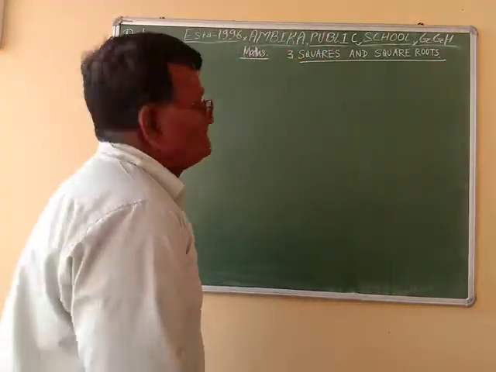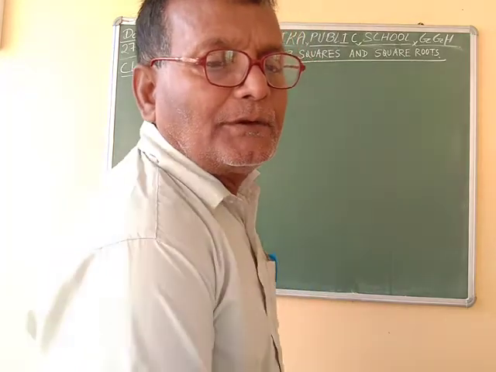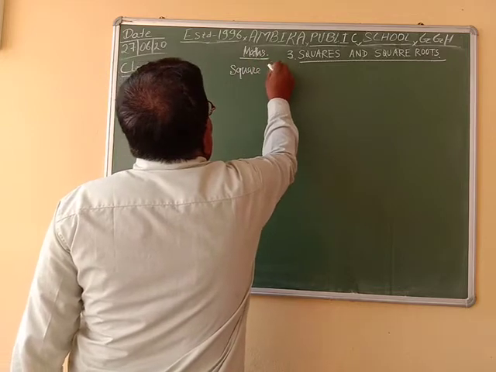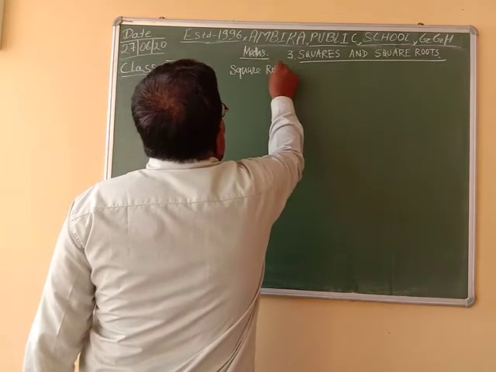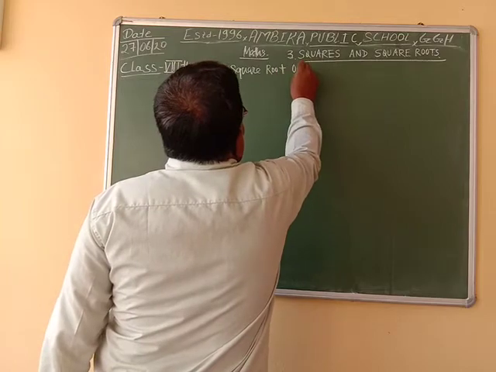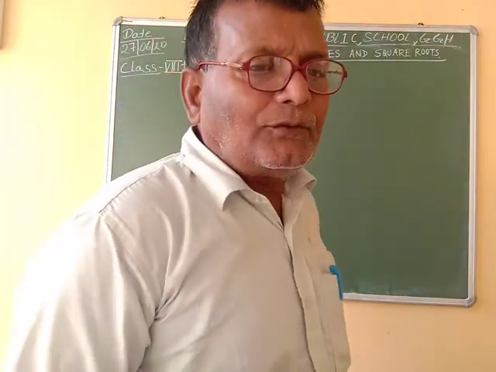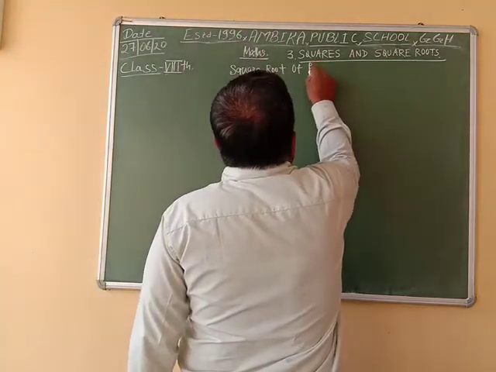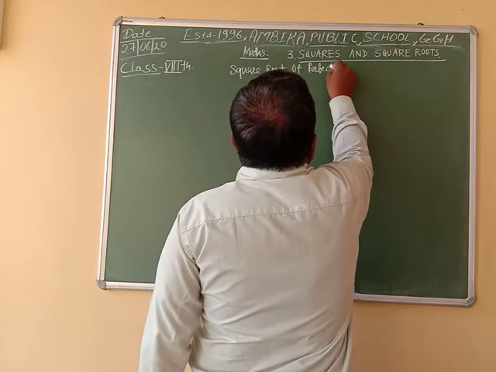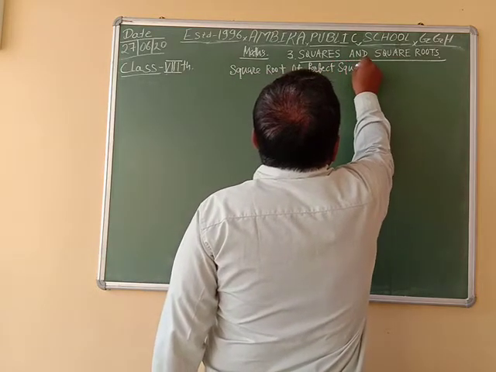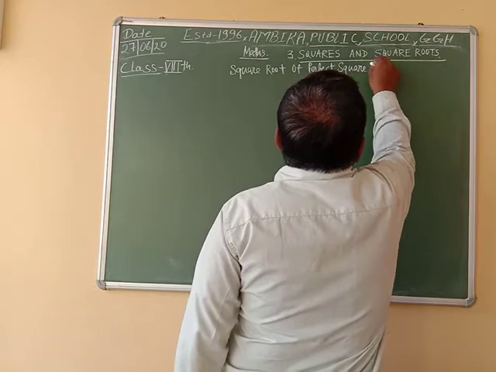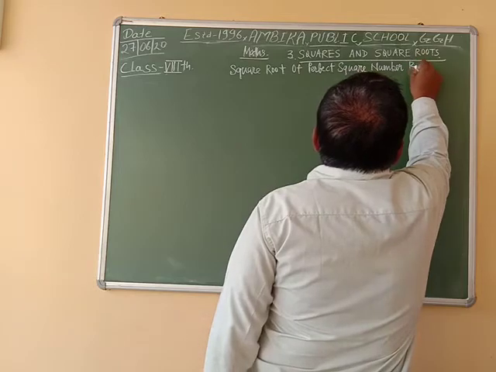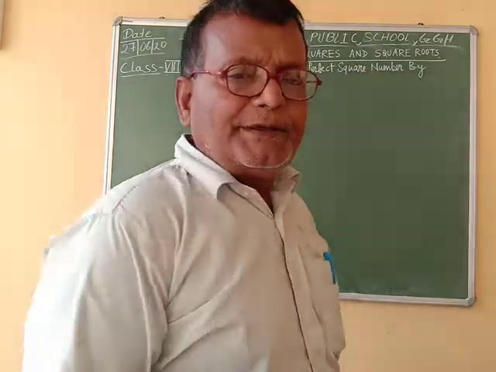So, working rule: square root of perfect square number by long division method.